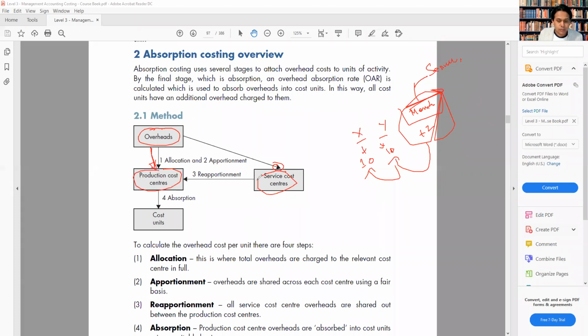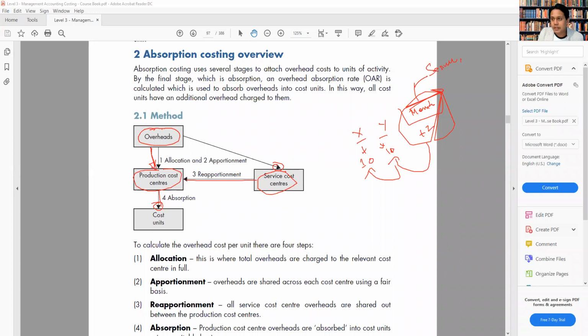After that, the total gives me the unit cost. So the unit cost is the combination of the overhead from production and from service. Even though the service department has no income, its costs need to be borne by the production department.